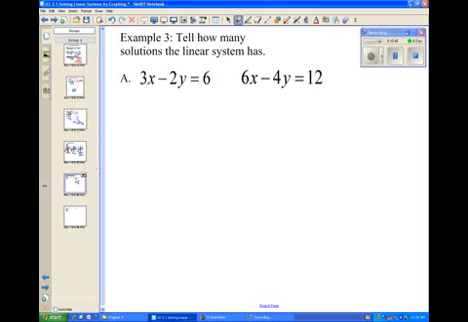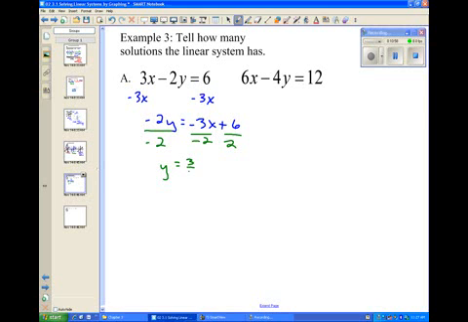So if I was going to solve by graphing, I would go ahead and solve for y. So I would subtract 3x from both sides. Negative 2y is equal to negative 3x plus 6. Then I'm going to divide by that negative 2 on every term. And I get y is equal to 3 halves x minus 3.